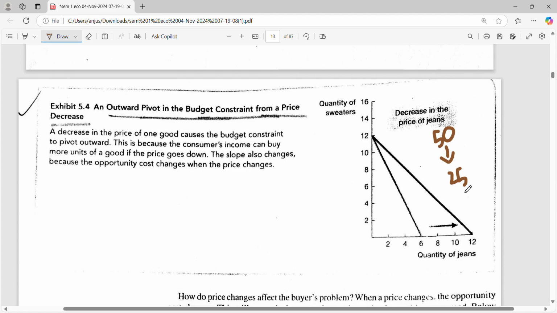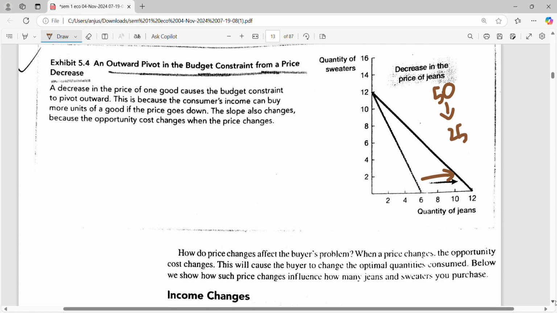So with 300 rupees you can buy 12 jeans because 25 multiplied by 12 gives you 300 rupees. So now this pivots outwards. That is, consumers' income can buy more units of a good if the price goes down. Here also the slope changes, opportunity cost changes.